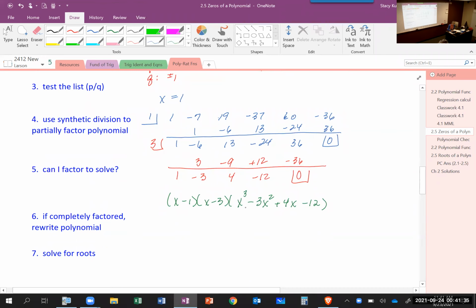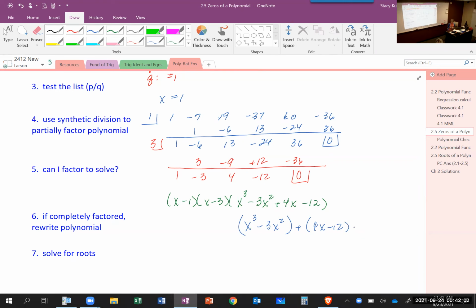If I take my third degree polynomial here, x cubed minus 3x squared plus 4x minus 12, I just rewrote it so that we can see it a little clearer. Remember when we try to factor this, I'm looking for what I grouped it.